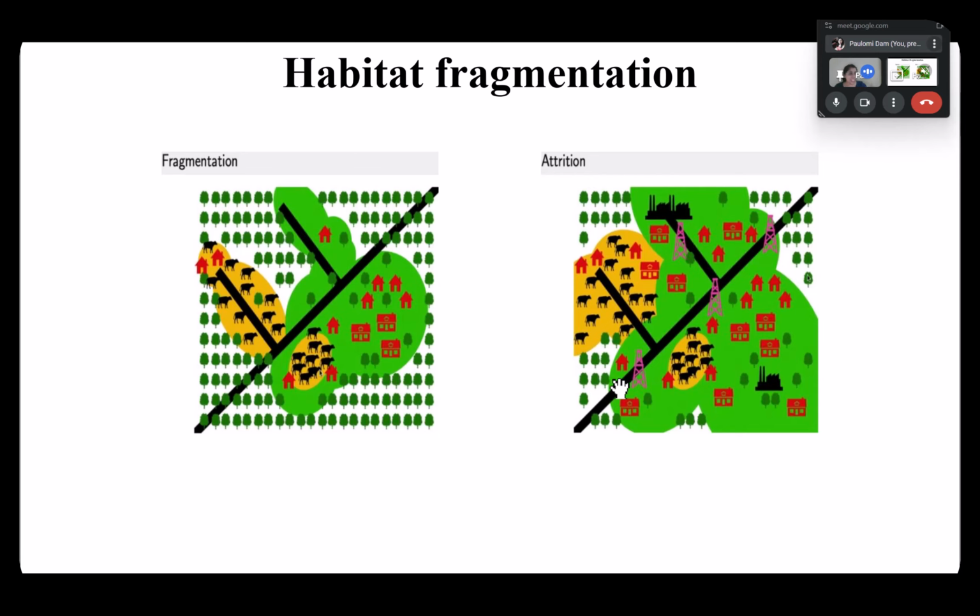For habitat degradation, for reducing the quality, how do you do it? We have already seen you make it a desert, you have extreme water logging, or you overexploit water and make it very dry, or you can also have contamination from pollution, air, water, land, different kinds of pollution. You can have soil erosion.